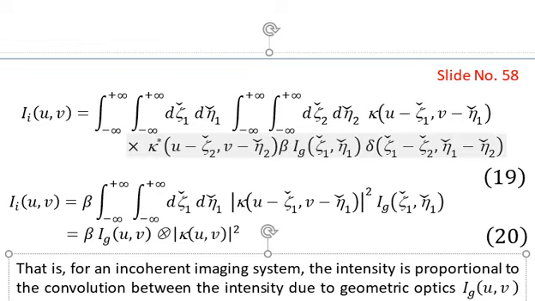Then one of the integrals will disappear, and you see that we have the two kappa functions, and we can take the absolute square of the kappa function, because the two kappas have the same coordinates.